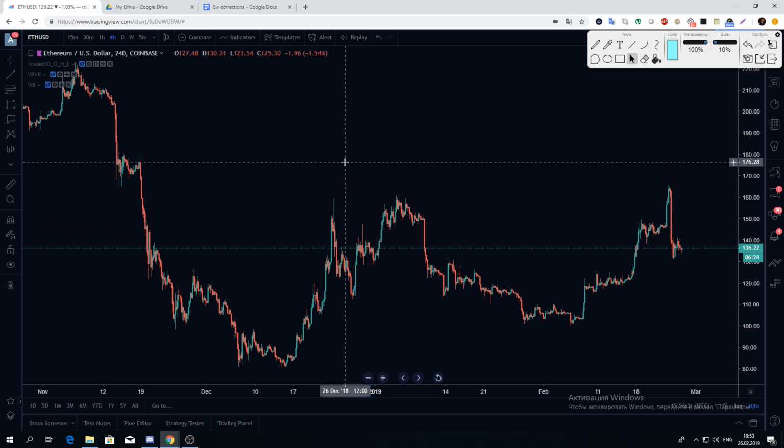So now that we have gone towards this 7-8 minutes of explanations on what corrective structures are, where the correction begins, how much time can I expect that range to hold, we can go towards the most basic setups that you can take based on Elliott wave theory when you're trading within the range.